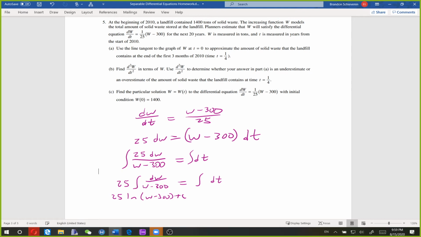Okay, but you're right. So this left side is 25 natural log w minus 300 plus c. On the right side, what's going to happen if I integrate dt? T plus c, perfect.